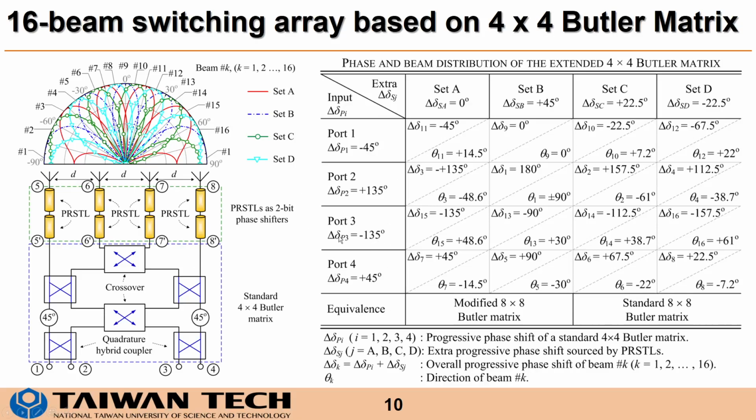The fundamental beam pattern of the Butler matrix we can see here when we excite port 1, port 2, port 3, and port 4.